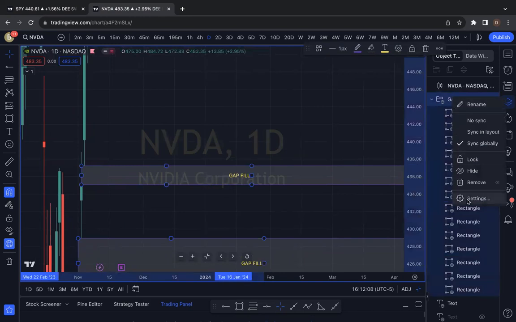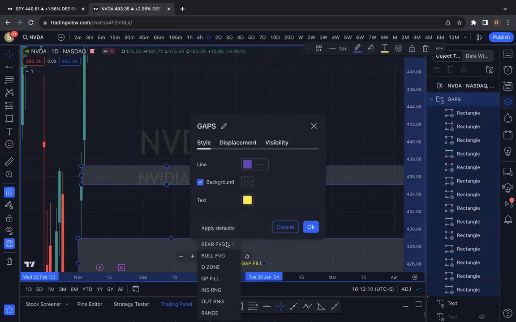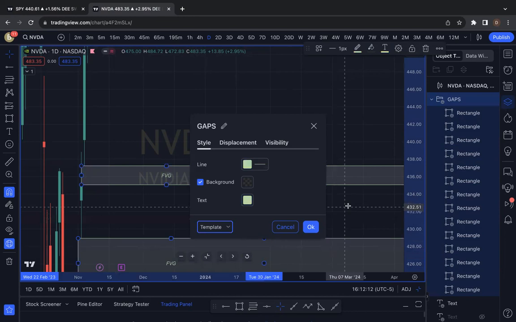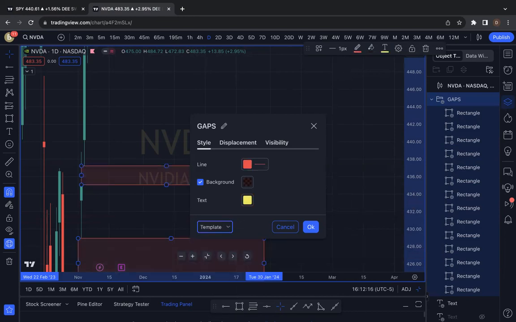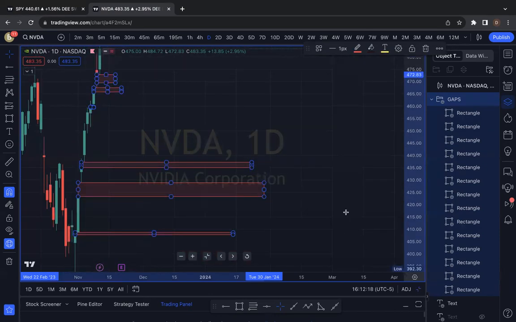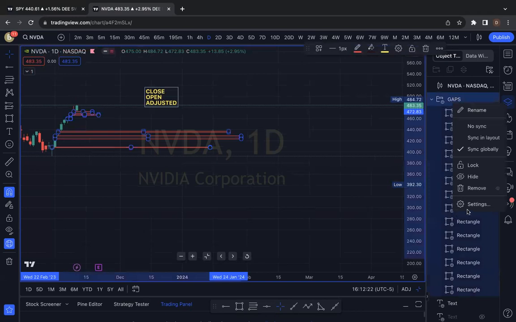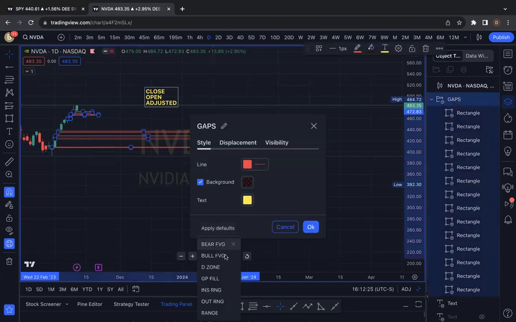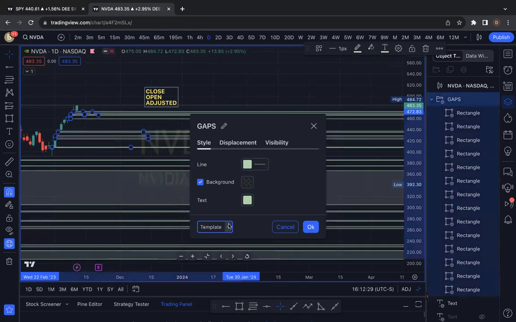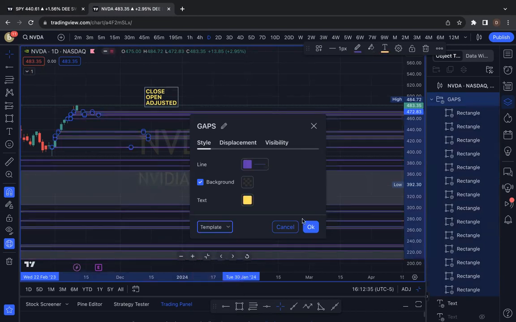So if I want this to be a fair value gap, now they're all fair value gaps. If I want it to be a range, now they're all ranges. You see, any template that I add to it, it'll do it to all of them. If I want it to be outside range, like anything I want it to be, it'll do it to all of them. Okay. Very, very, very powerful tool.